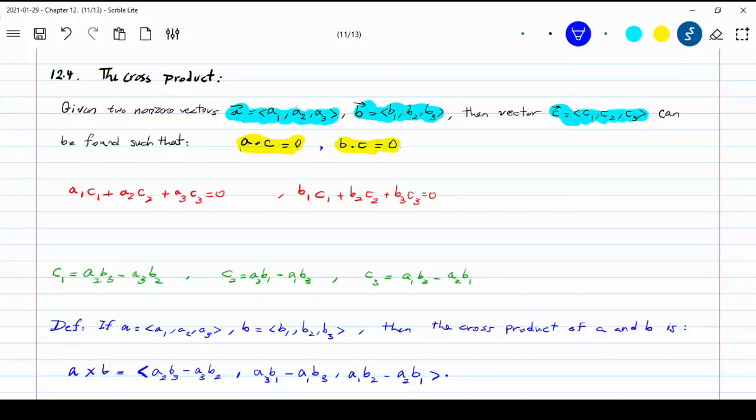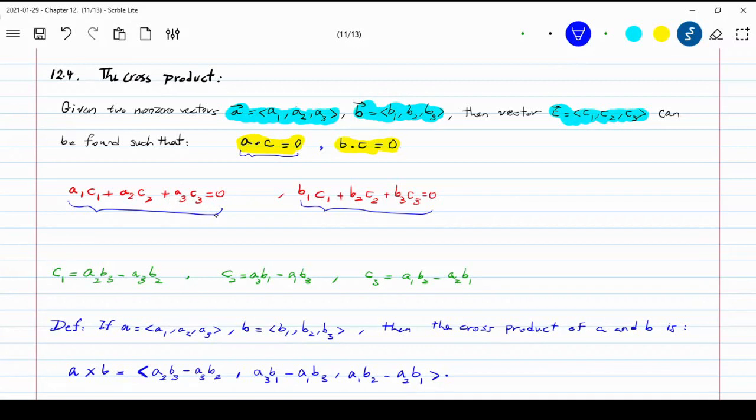So if we look at this definition, A dot C would be basically this equation. Since we want that dot product to be 0, we set it equal to 0. B dot C would be this equation: product of all the components, add them up, it must be equal to 0. You can find the solution for this equation by multiplying and simplifying.